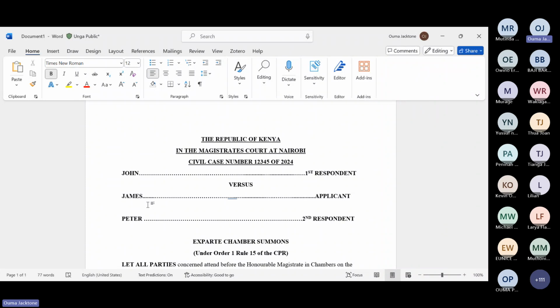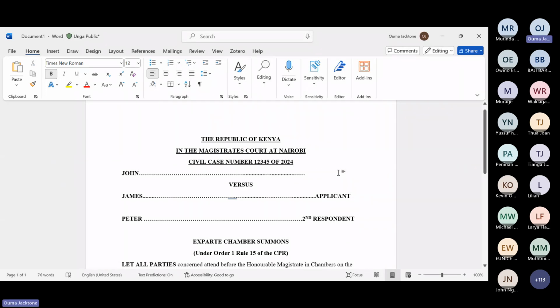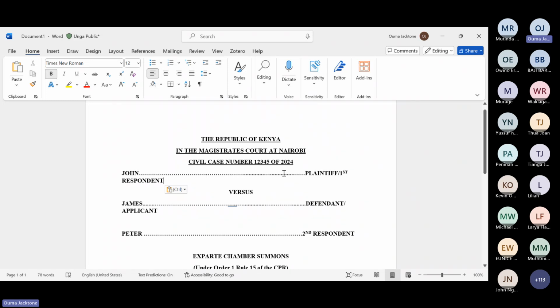Now, I want you to understand where that is coming from. We have the first respondent, the applicant, and the second respondent. Now, remember, this one was the plaintiff. Remember, we are using the caption of the case that was already filed. And this one was the defendant. Let me put that there so that you can understand.